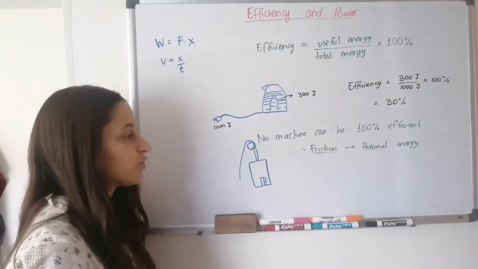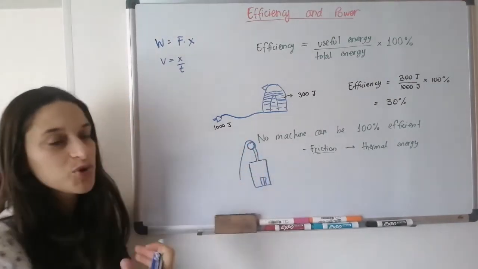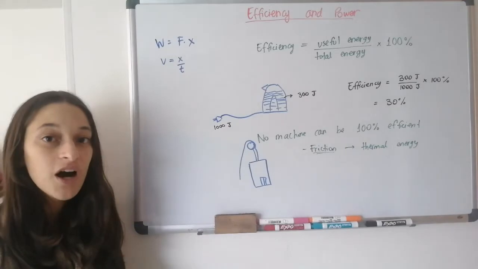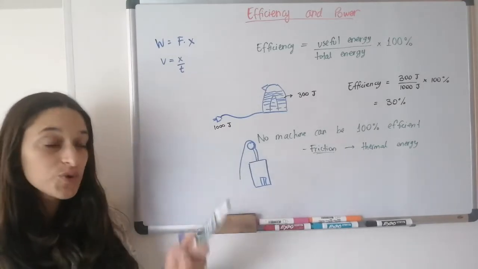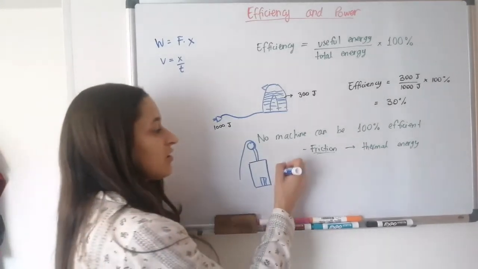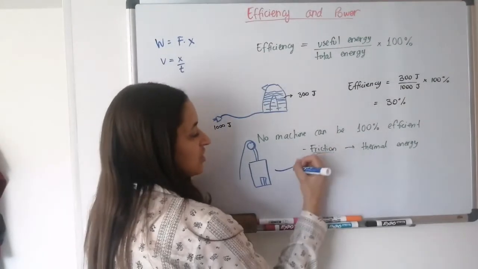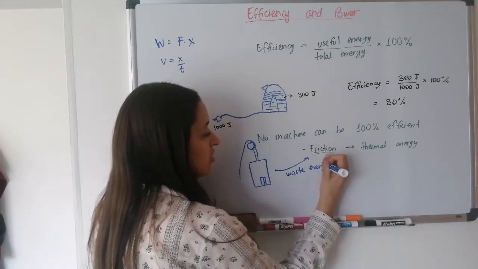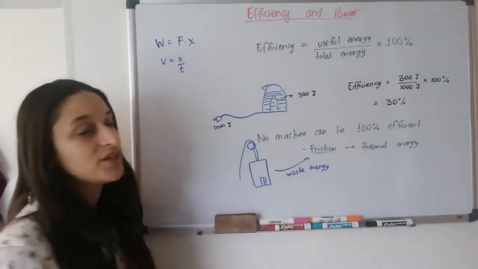And the elevator will have friction in its cables with the pulley, and it'll get hot. Probably the cables are very hot because of the friction as they move through the pulley. So a lot of energy will be waste energy because of friction. So this is waste energy, and only some of it will be useful energy.